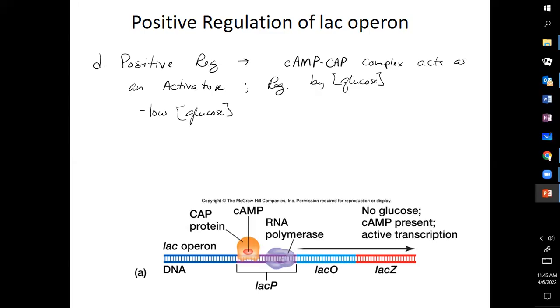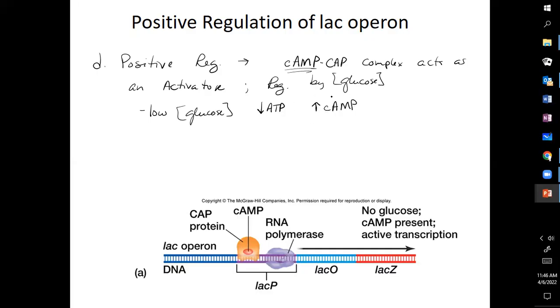Low glucose means that the cell starts to become energetically depleted. ATP levels go down, and when those energy levels go down, this modified version of ATP, cyclic AMP, increases in concentration.